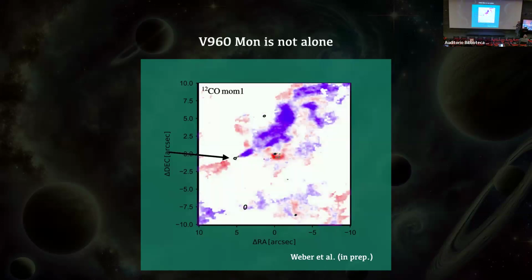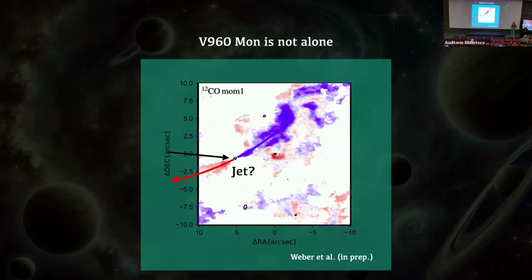If we look at the kinematics, the Doppler shifted line emission of the 12CO, we see some blue shifted material and some red shifted material that are cone-like, and they are centered on this eastern object. So somehow this eastern object is spilling out this material in something that looks like a jet.